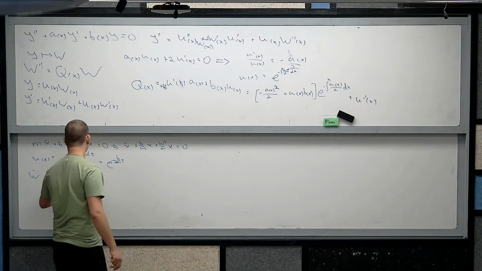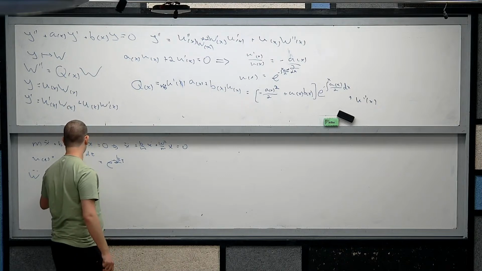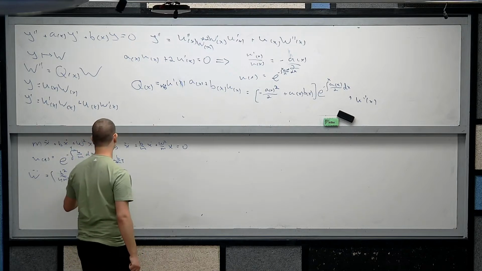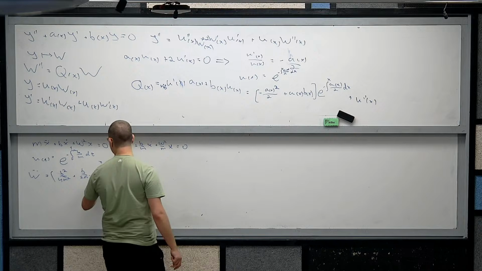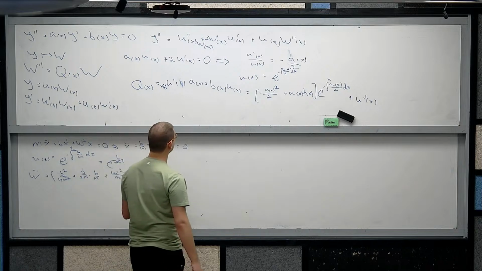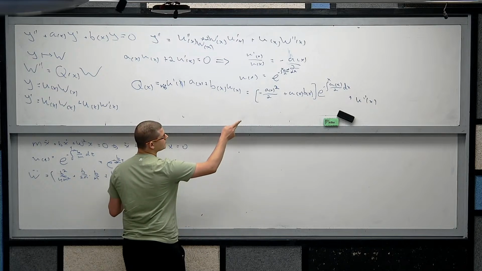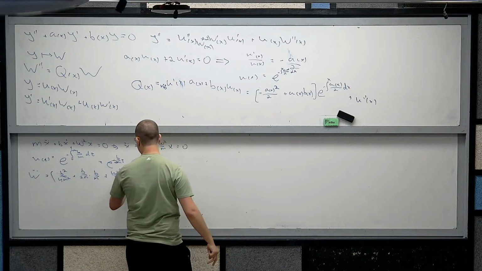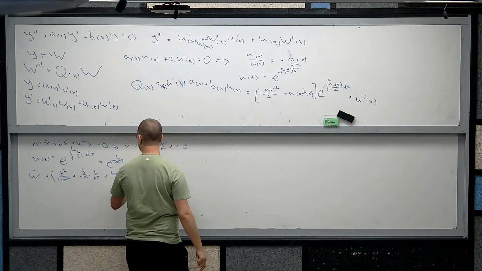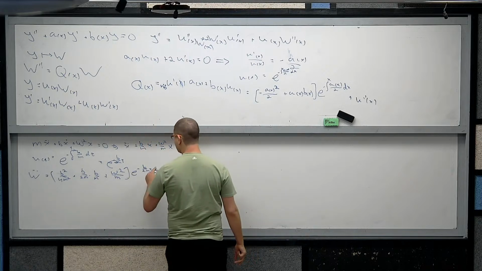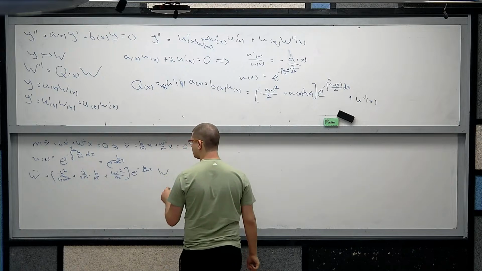The next term will be b divided by 2m times b divided by m. The next term will be omega squared divided by m times u of x, which just comes out of the equation. Then we get that thing, right? e to the minus b over 2m, equal to w t. That's it.